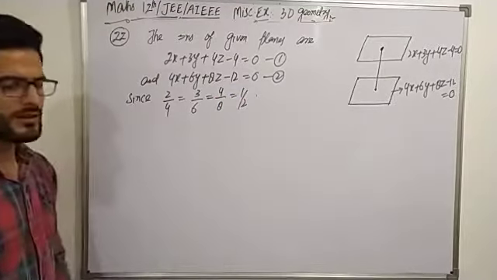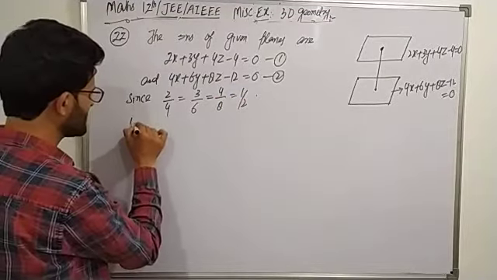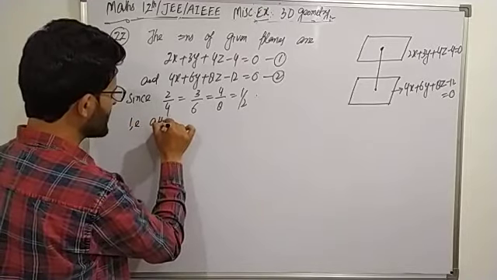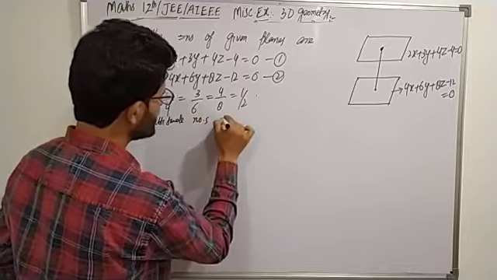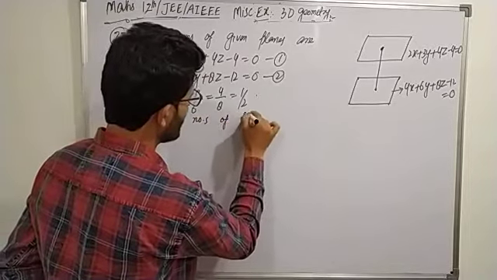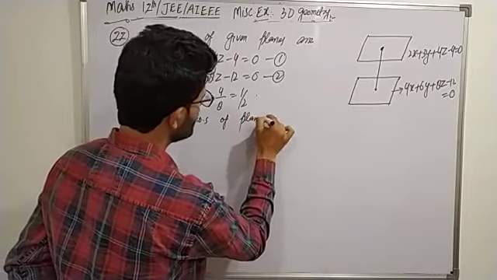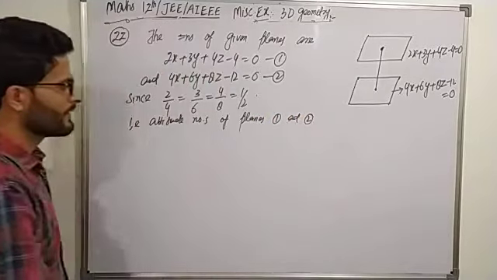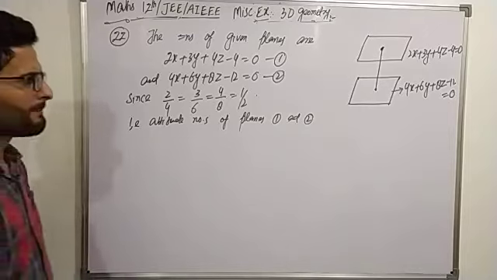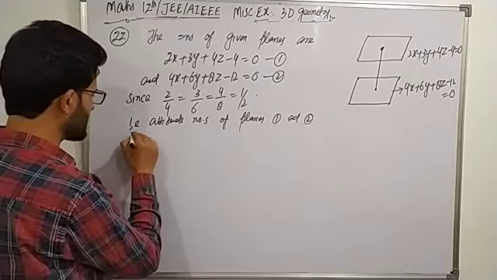That is, इसका क्या मतलब? That is attitude numbers of planes first and second are proportional.